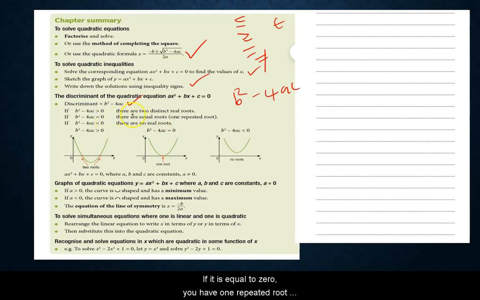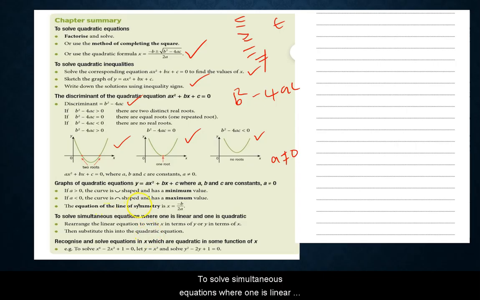If it is equal to 0, you have one repeated root. And if it is less than 0, no real roots. This graphical illustration can help you understand that. We have graphs of quadratic equations in the form ax squared plus bx plus c, where a, b, c are constants, but remember, a is not equal to 0, otherwise your equation becomes undefined.